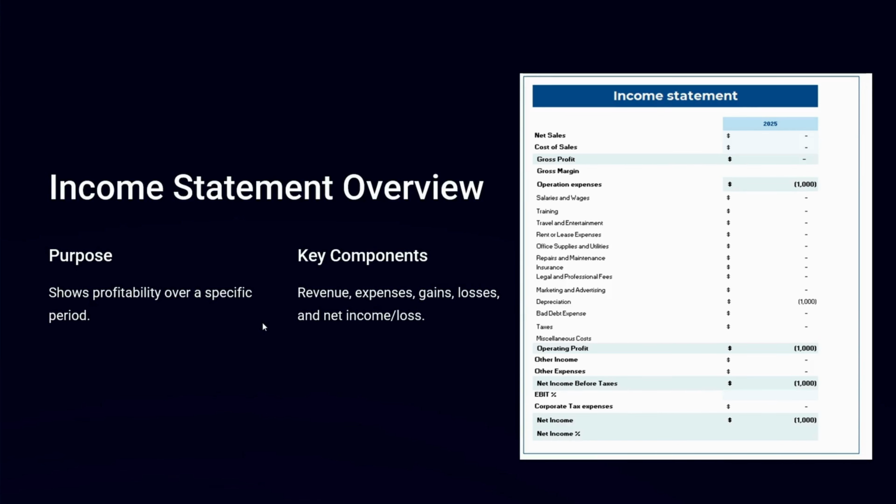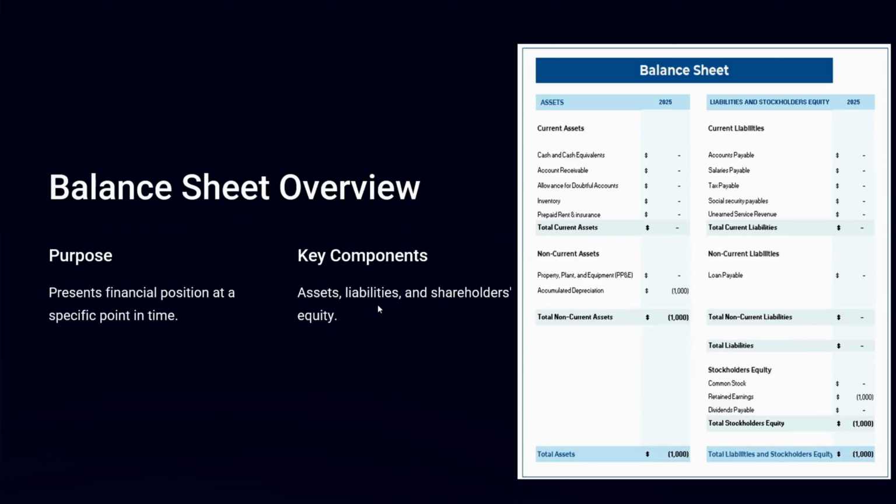Here we have an example of the income statement, showing all the different transactions. Here the data is empty because we have reported only 1,000 for depreciation, and you see the different information about net sales and operating expenses. We have operating profit, EBIT, and net income.